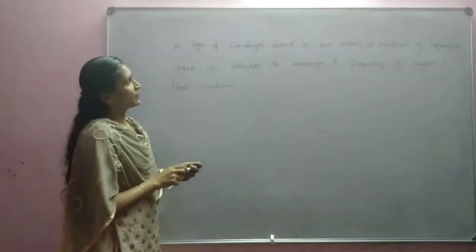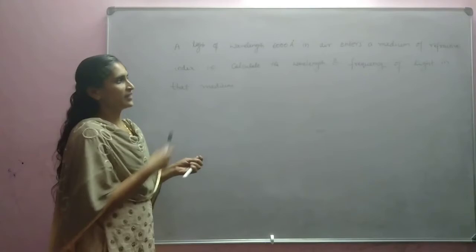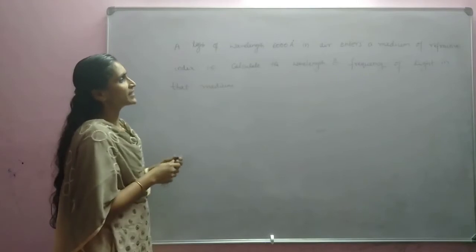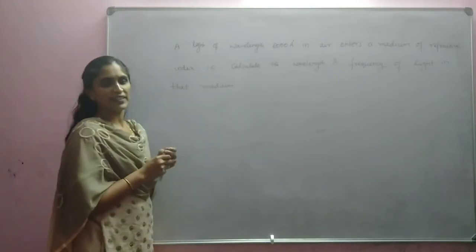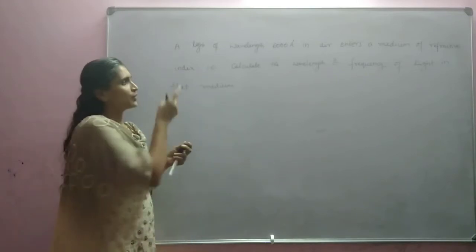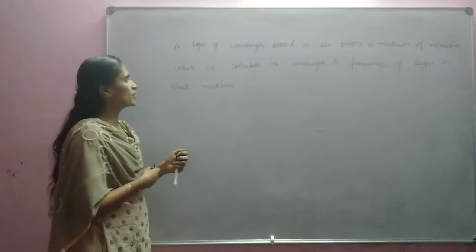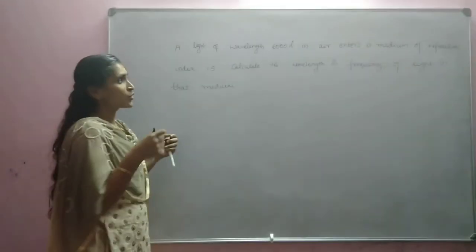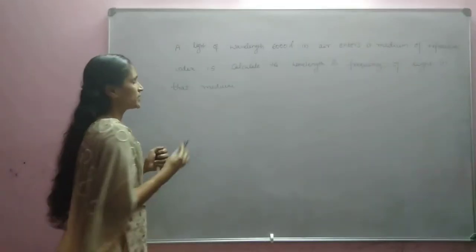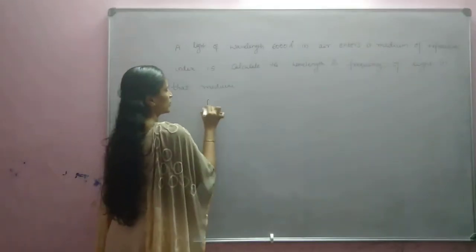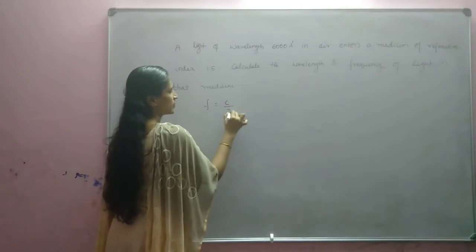So here what is given? Wavelength in air is given and refractive index is given. You have to find the wavelength and frequency of light in that medium. So first of all you can find frequency. How to find frequency? Frequency is equal to C by lambda.